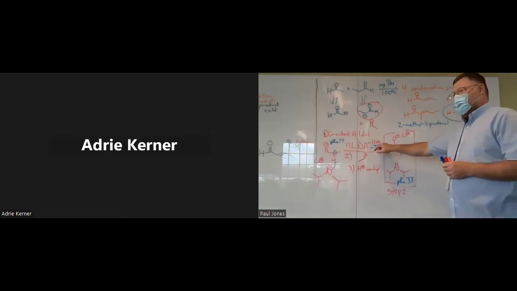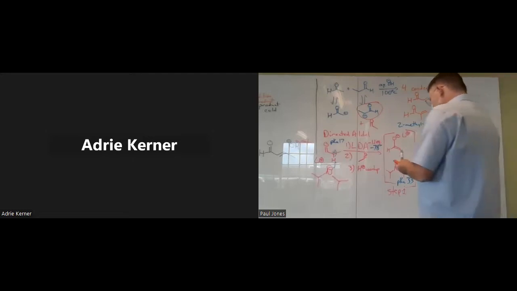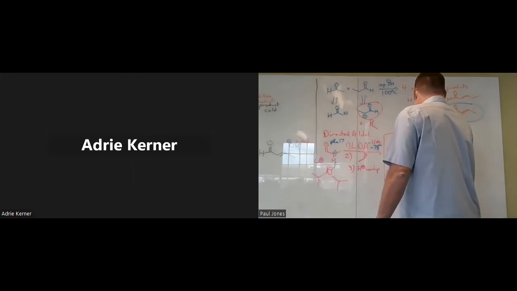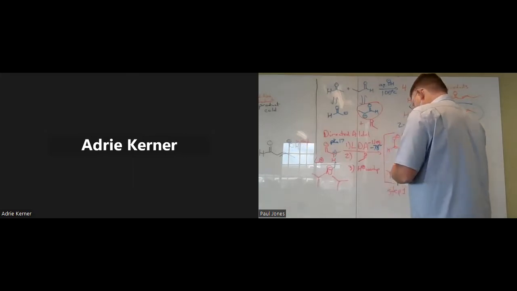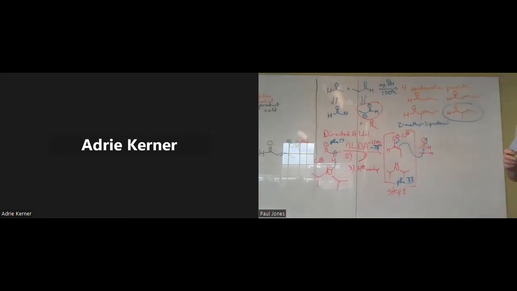If you do this at higher temperature, and if you set it up so that the acetaldehyde that goes in can see enolate, you'll get proton transfer and you'll wind up back here with a mixture. So step 2, acetaldehyde. We get our aldol. Draw the product you get from that.